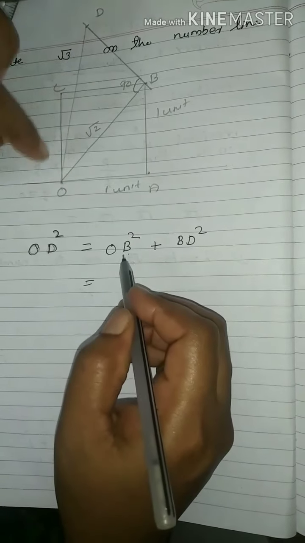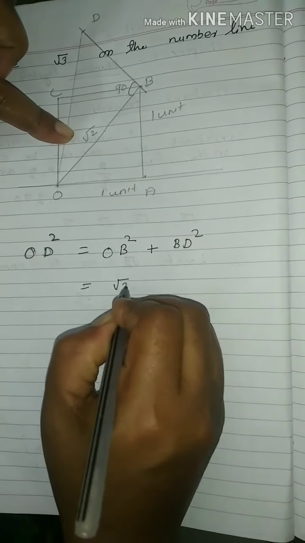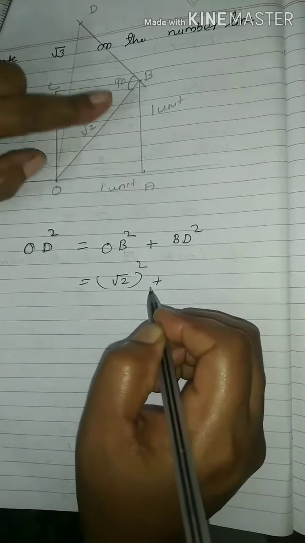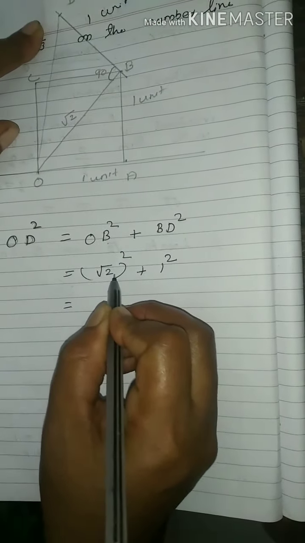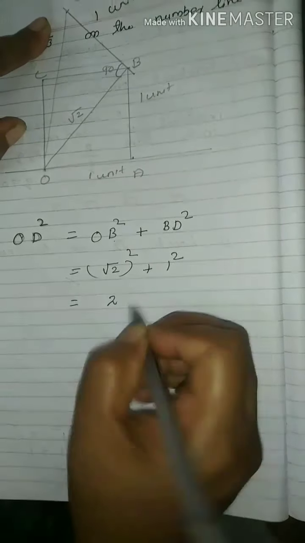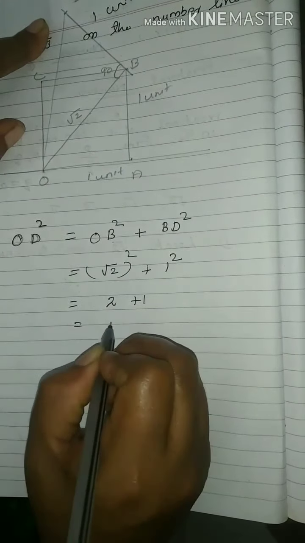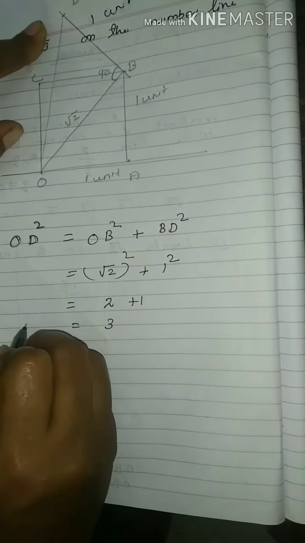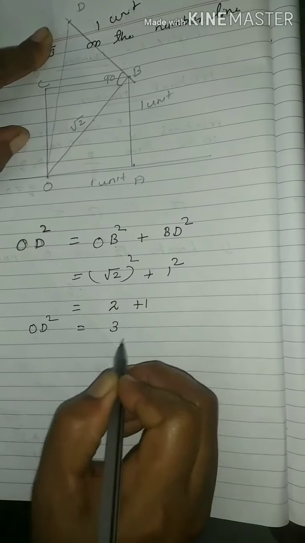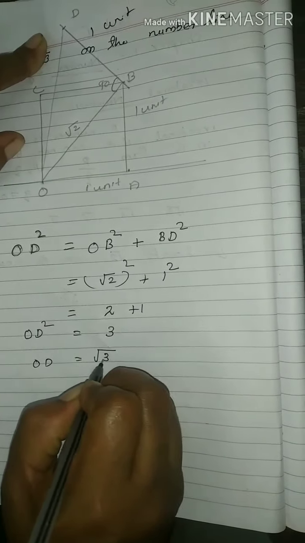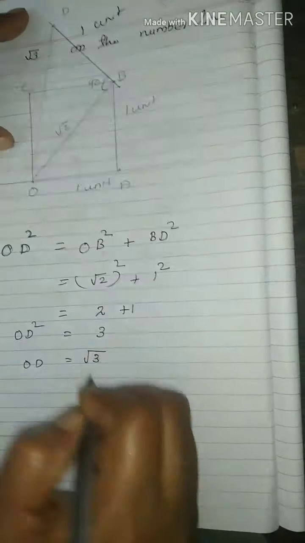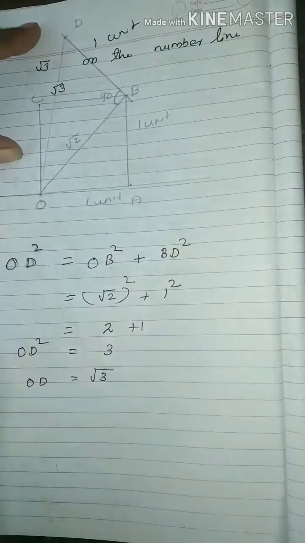What is OB? OB is root 2. Root 2 square plus, what is BD? BD is equal to 1 unit. So 1 square. Root 2 square is 2. 2 plus 1 is equal to 3. So OD square is equal to 3. So OD is equal to square root of 3. So this line is root 3.